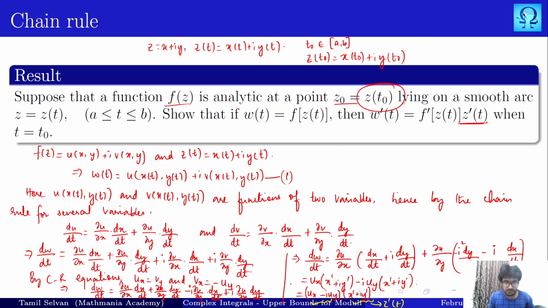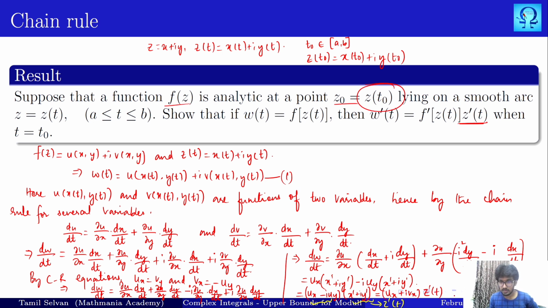So by the sufficient condition, we write this as ux minus uy, which may be written as vx, right? Ux plus iota times of vx multiplied with z prime of t. So exactly this is our f prime of z.